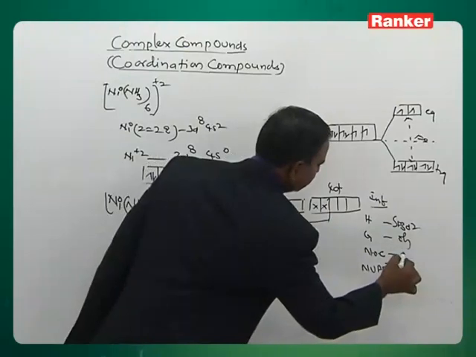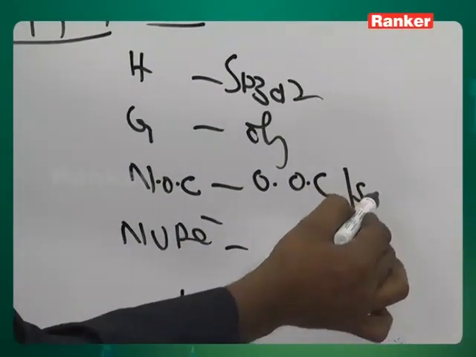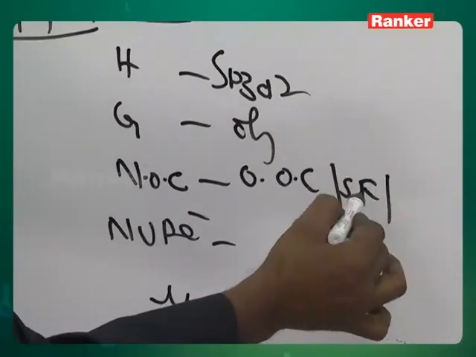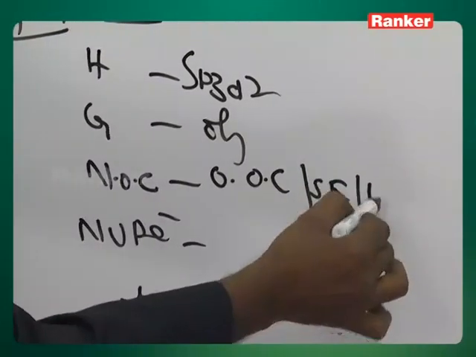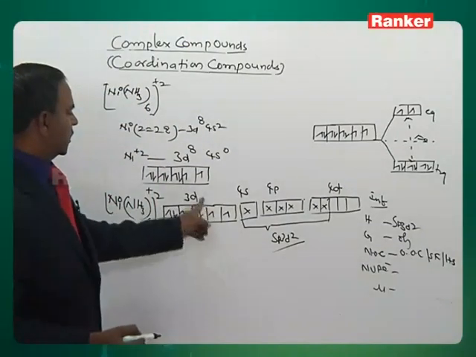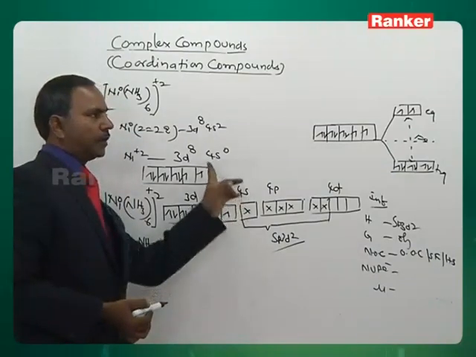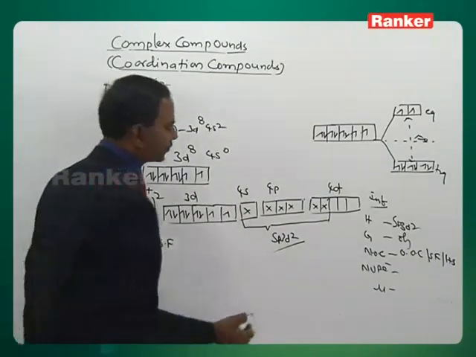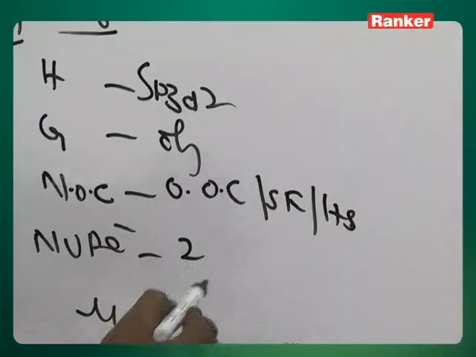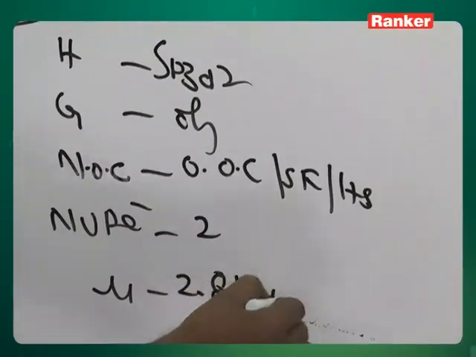The nature of the complex is outer orbital complex, spin free, high spin. No pairing of electrons has taken place, so the arrangement of electrons remains the same in the free metal ion and the complex. Number of unpaired electrons is 2, magnetic moment 2.8 BM.